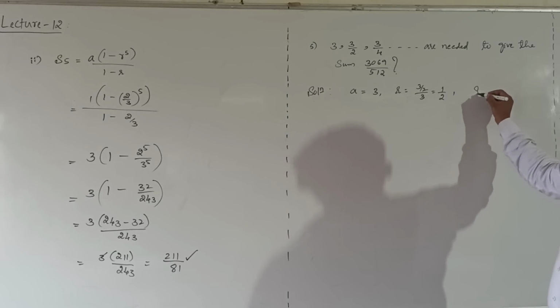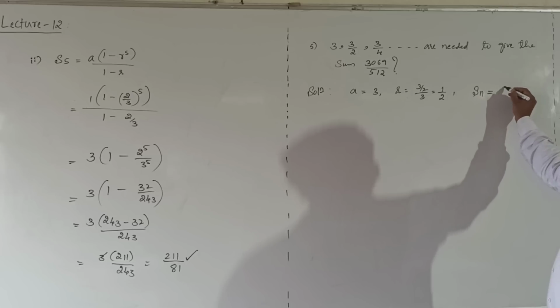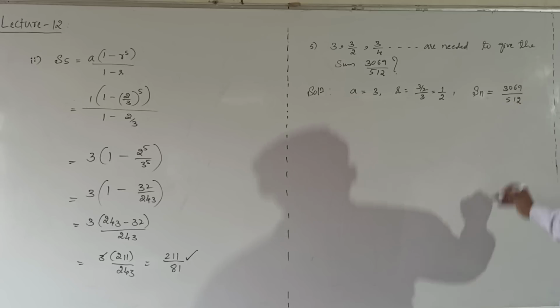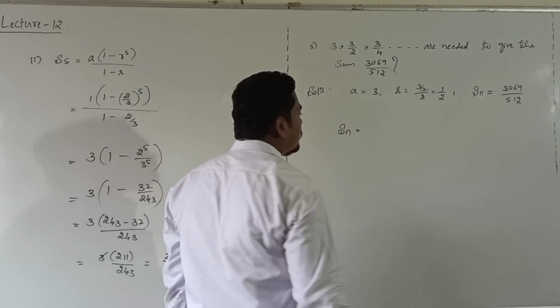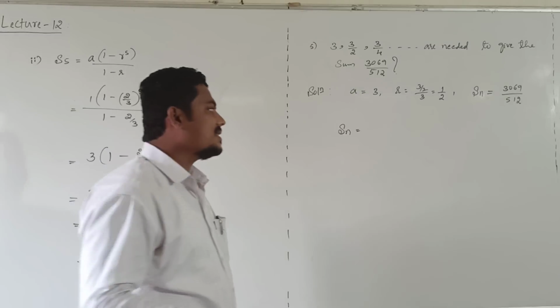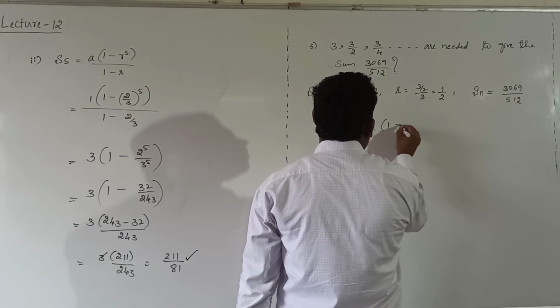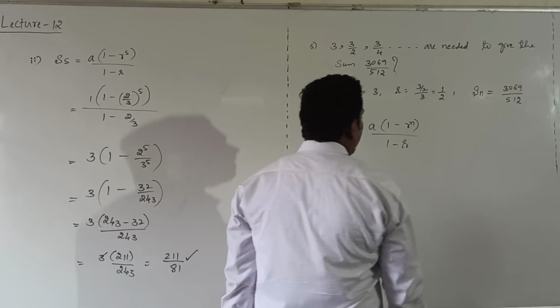Then in this case, Sn value they have given. Sn is 3069 divided by 512. Now use Sn formula. In this case R value is less than 1, so Sn is equal to A into 1 minus R power n divided by 1 minus R. Why?